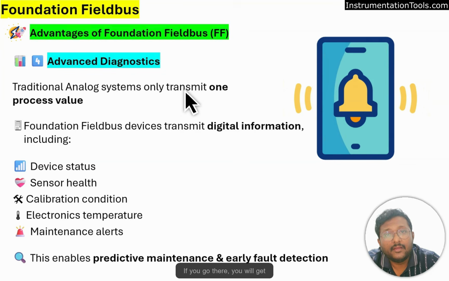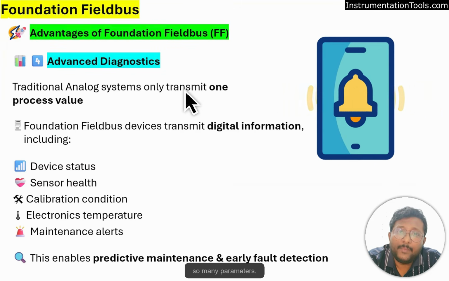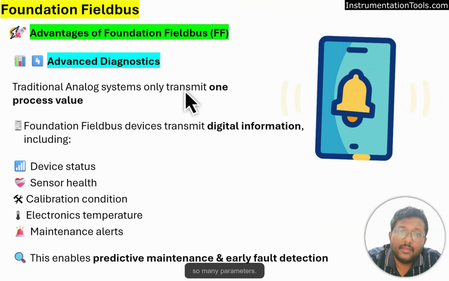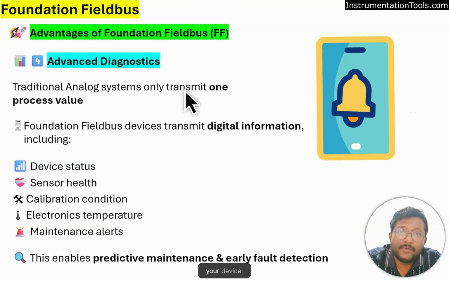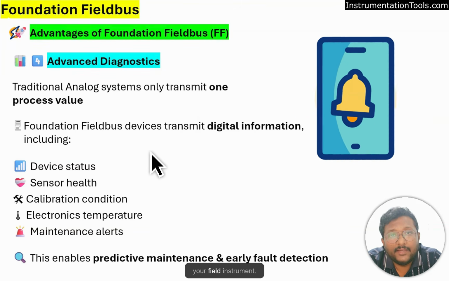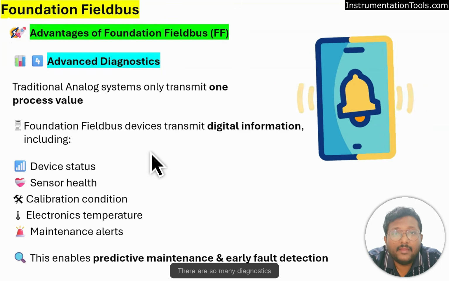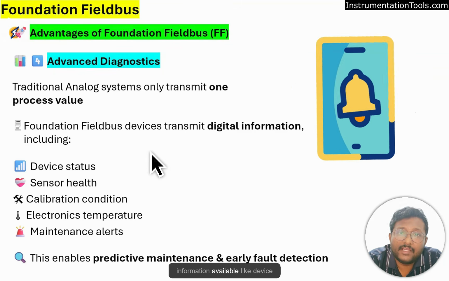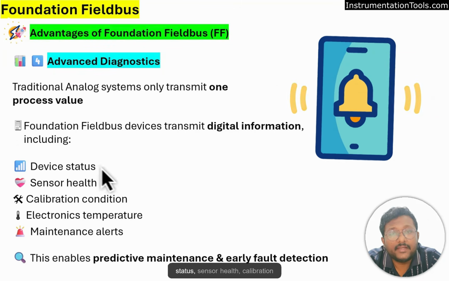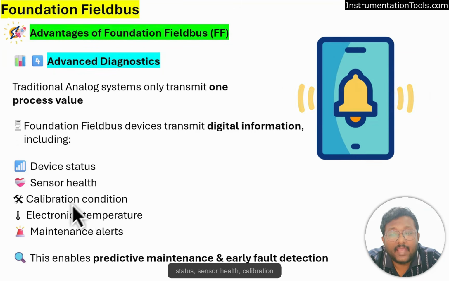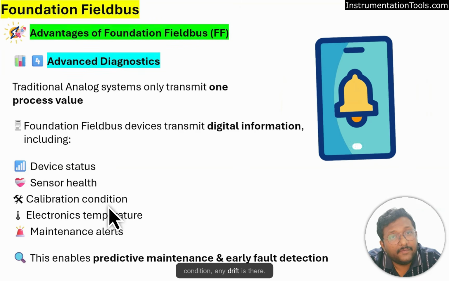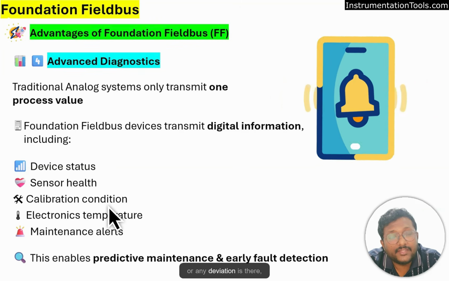If you go there, you will get many parameters, including each and every sensor of your device. In your field instrument, there is a lot of diagnostic information available, like device status, sensor health, calibration condition, and whether any drift or deviation is there.